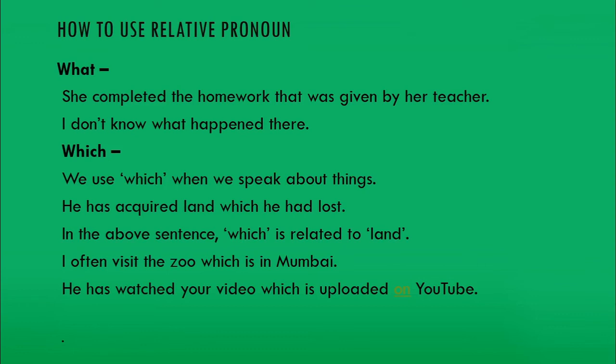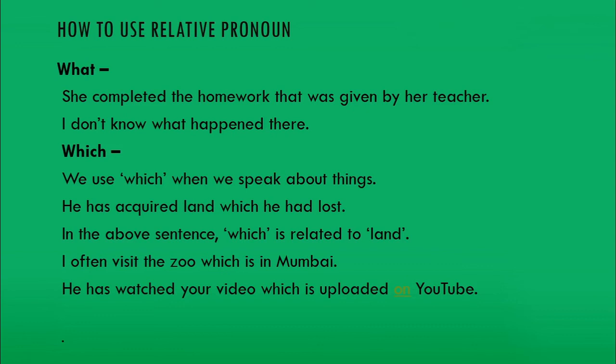Which. We use which when we speak about things. He has acquired land which he had lost. In this sentence, which is related to land. I often visit the zoo, which is in Mumbai.